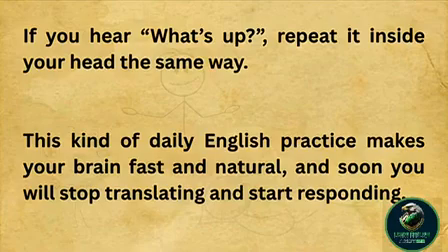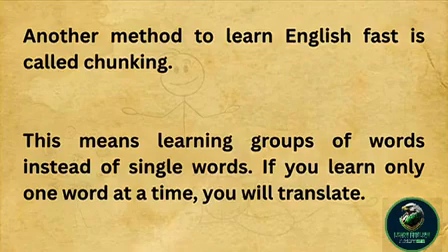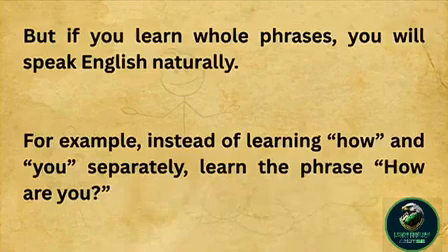Another method to learn English fast is called chunking. This means learning groups of words instead of single words. If you learn only one word at a time, you will translate. But if you learn whole phrases, you will speak English naturally.